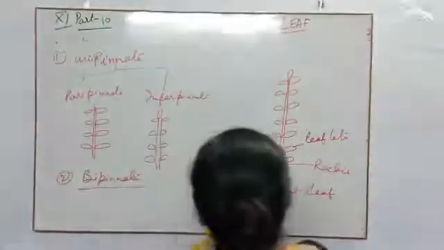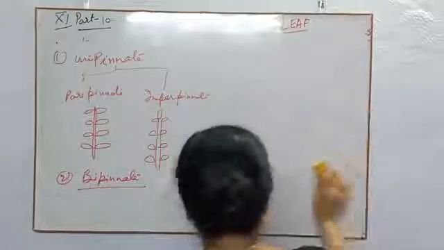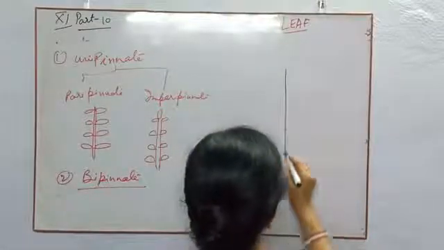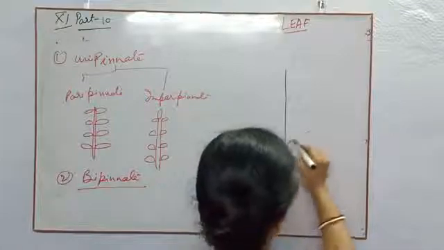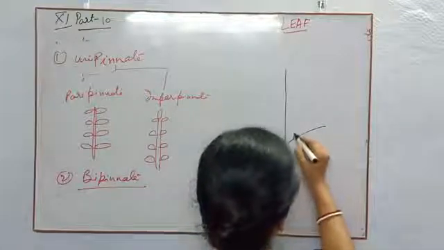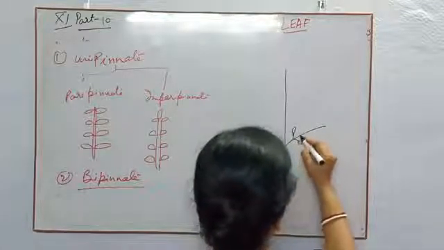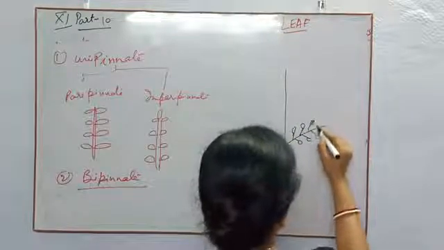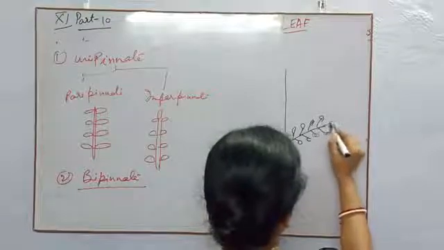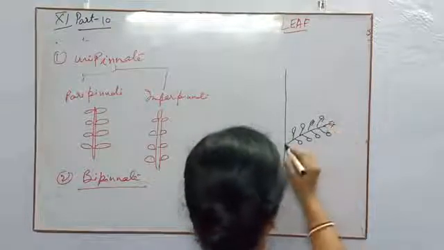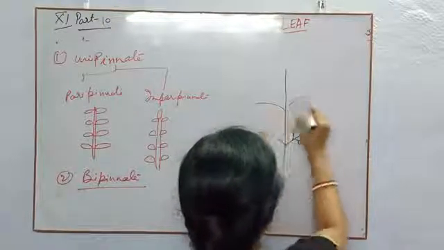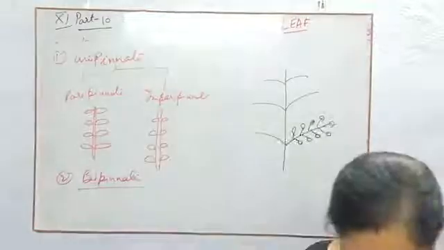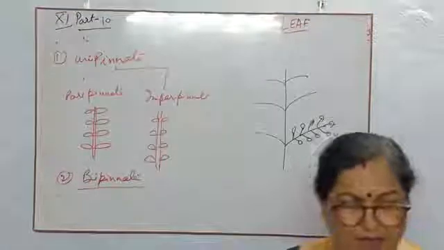See children, this is the main rachis, this is the branch of the rachis, and then the leaflets are arranged here. Like that. This is bipinnate.